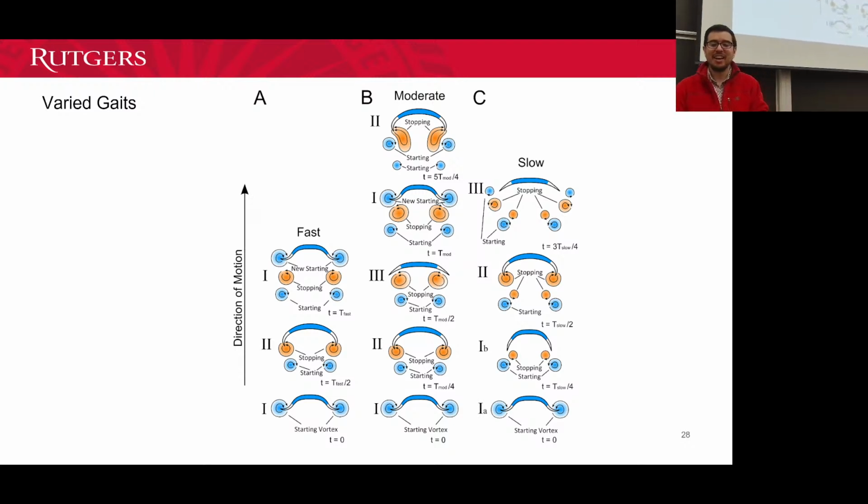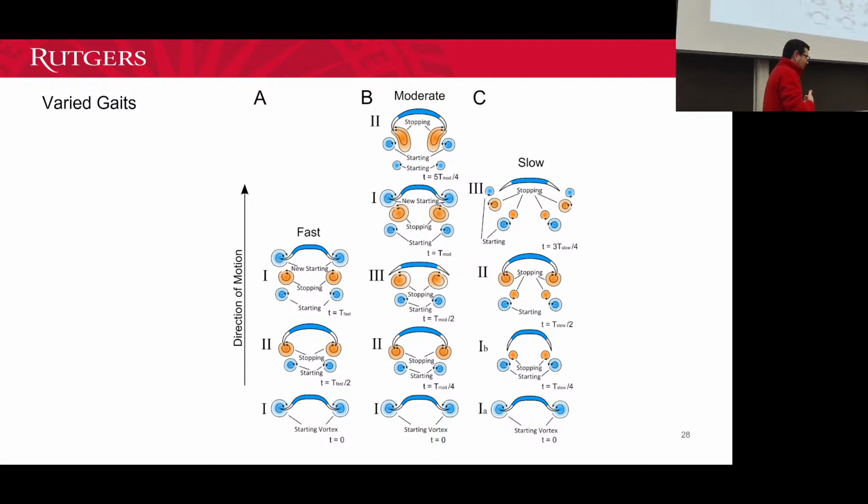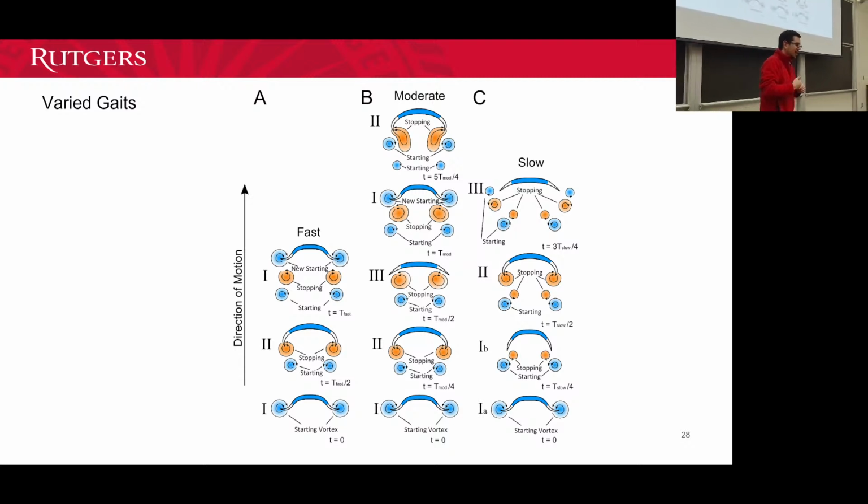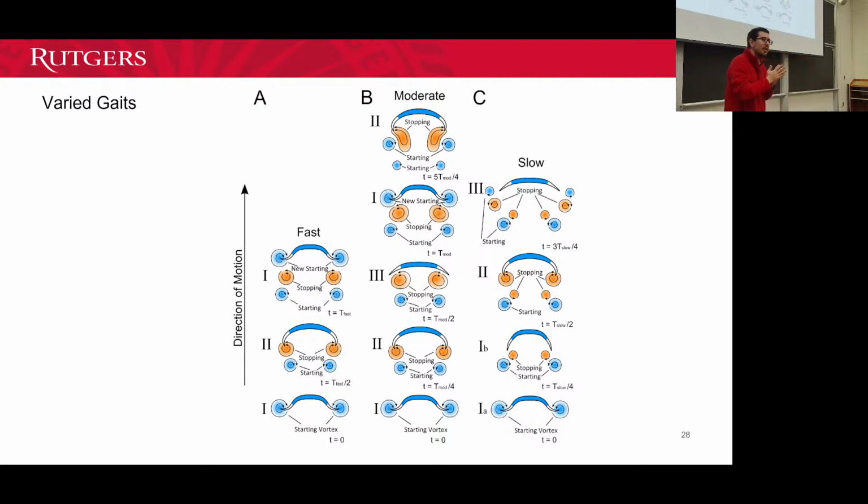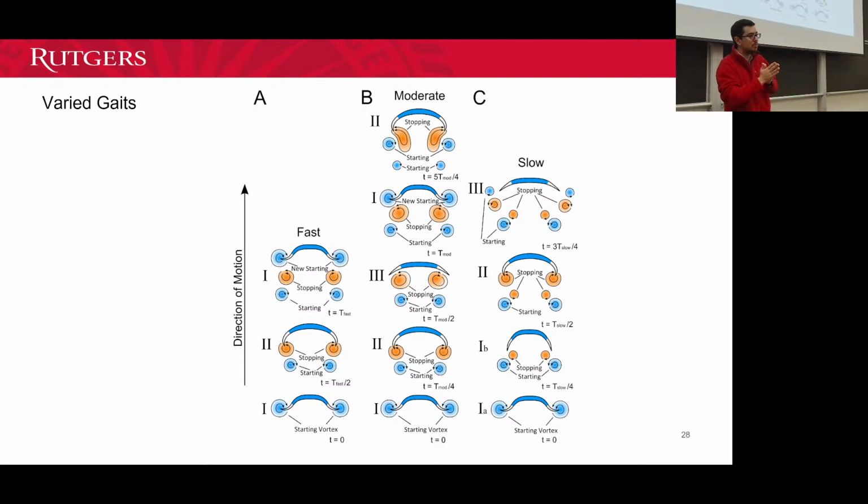How fun. One of the things, the next student that came around, Lillian, took up one of the ideas that Kevin had proposed and that you've just been seeing here: that if we manipulate the speed, the gaits that we're using, we produce different types of vortices.